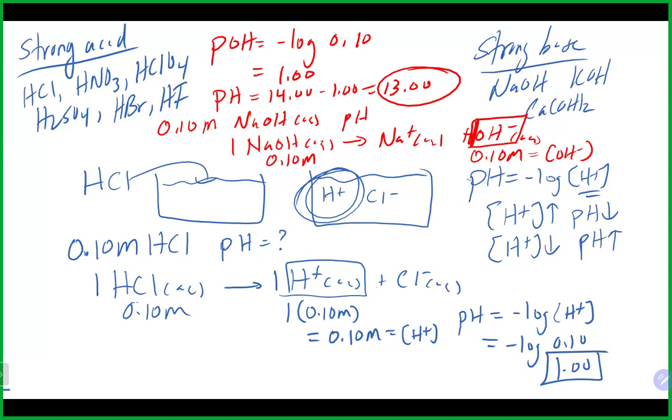So if you have a strong base given to you, you pretty much want to figure out the hydroxide concentration. That will allow you to get to the pOH and then subtract from 14, and that'll get you to the pH. If you're dealing with a strong acid, that will give you the H plus, and you go right into the equation and get the pH basically directly from it.